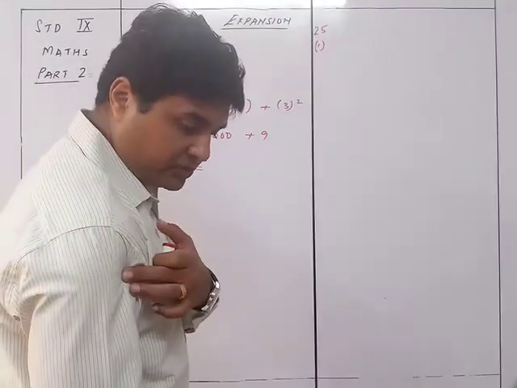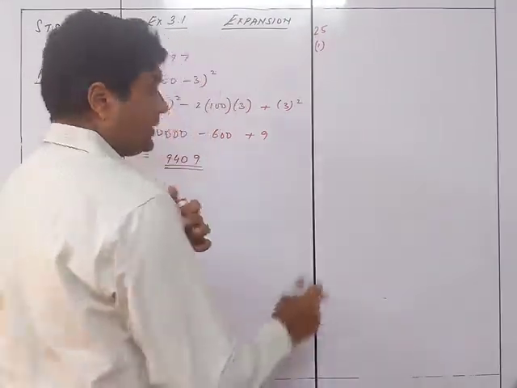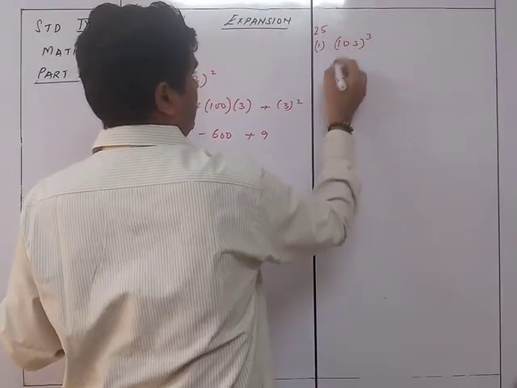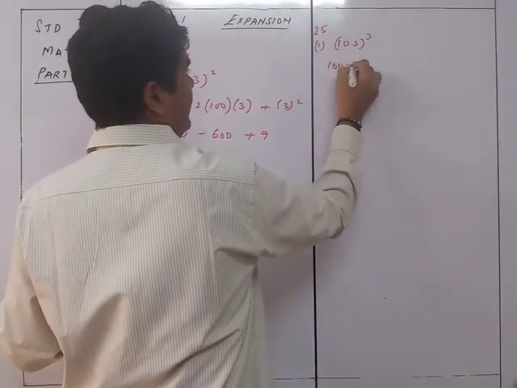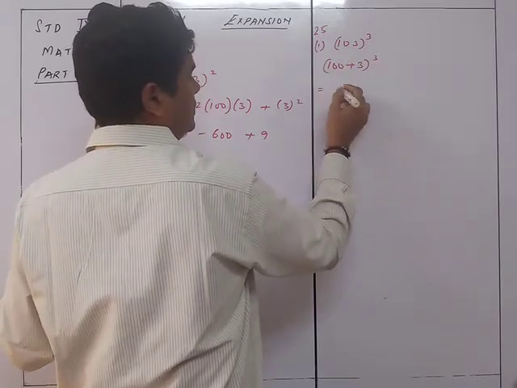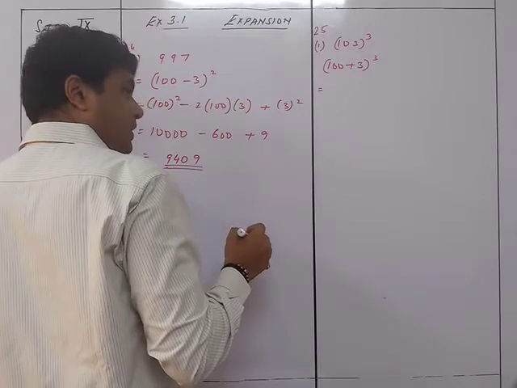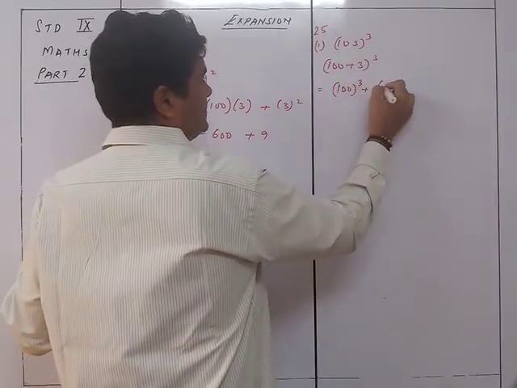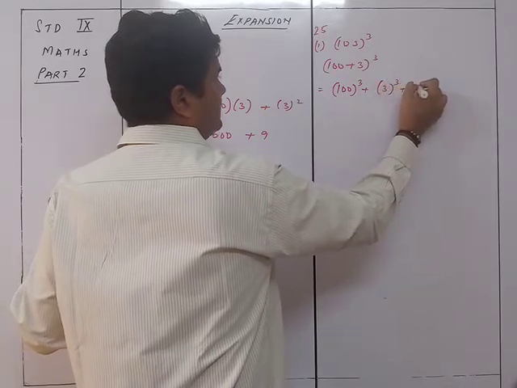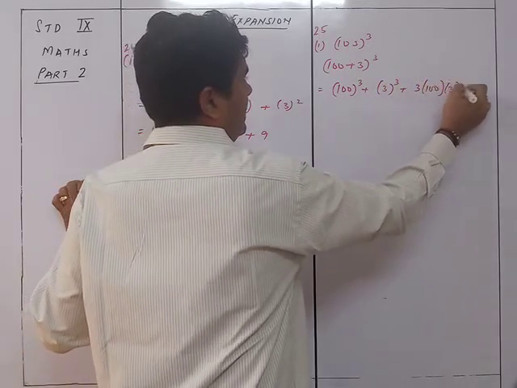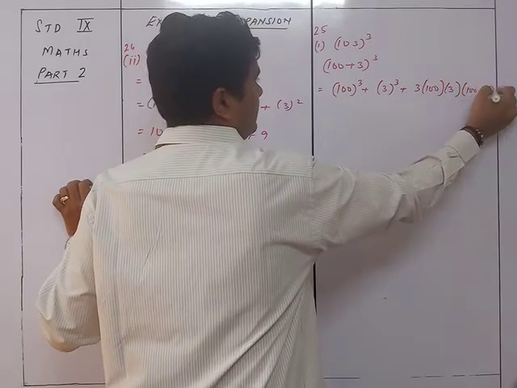It's 103 the whole cube. So that will be 100 plus 3 the whole cube. So we can take both the formulas. It will be 100 the whole cube plus 3 the whole cube plus 3 into 100 into 3 into 100 plus 3.